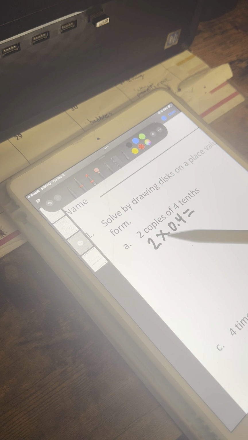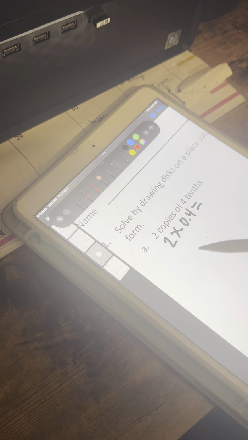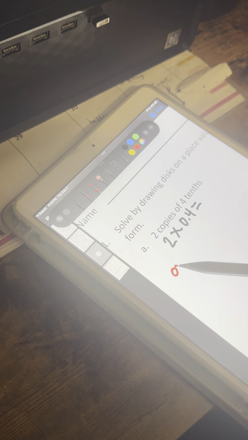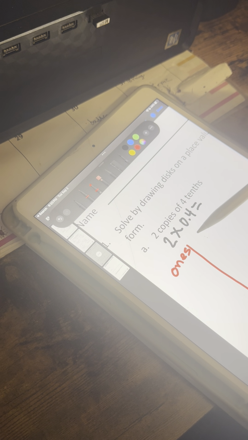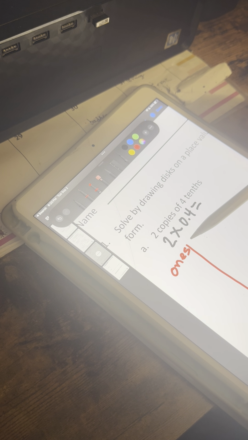Now, I have to be accurate on what it's wanting me to do. It's wanting me to draw the disks, and these are the disks. So what I'm going to do, I'm going to come here. So I'm going to have my ones. I'm going to have my tenths.